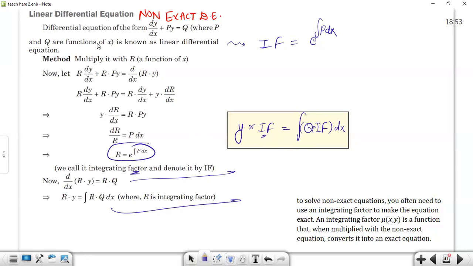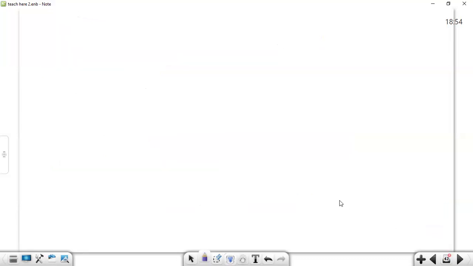The integrating factor for the differential equation in this format, dy over dx plus p y equals q, where p and q are functions of x, is known as a linear differential equation. For this equation, we will multiply with R. R is the integrating factor, which is e raised to the power integral of p dx. Let me rewrite it to make you understand better.